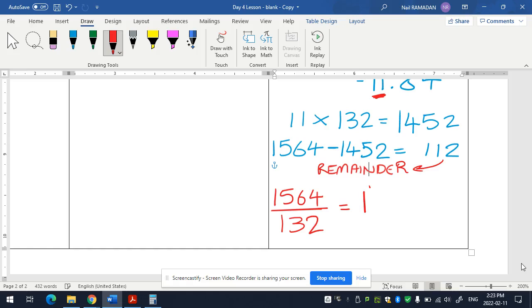How much do you get to keep? 112. That's what's meant by remainder in your pocket. And you don't have to give anymore. You already did. 132. Okay? That's how it goes.